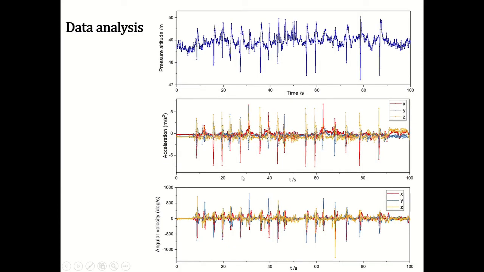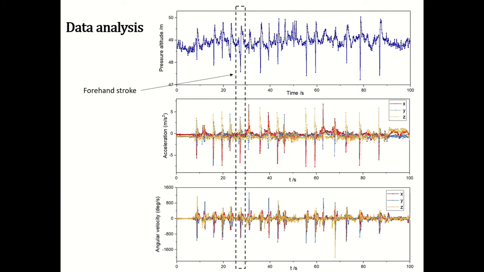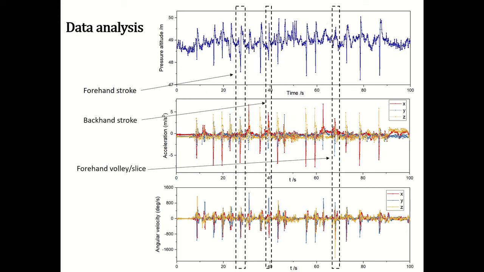This is part of the data because we don't have enough space to show all the data here. We can distinguish and count the number of different shot types based on previous analysis. For example, we know this is a forehand stroke, this is a backhand stroke, this is a forehand volley.